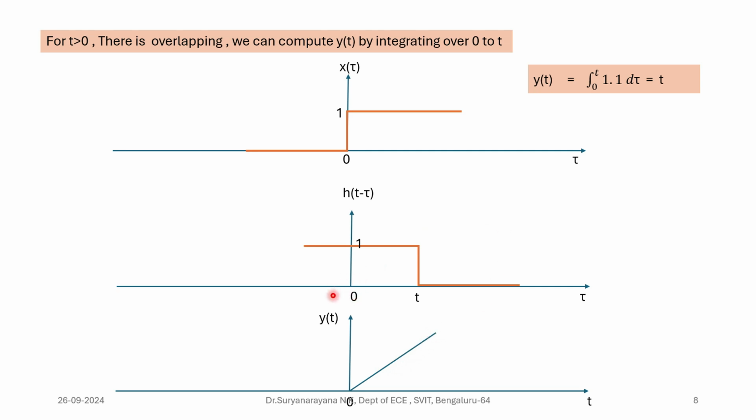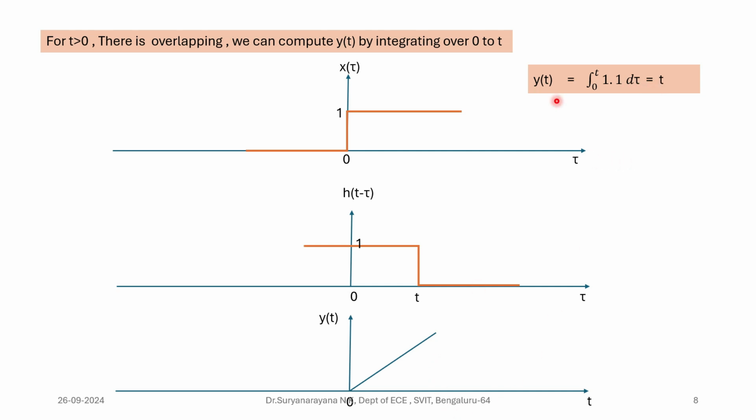From this figure, it is clear that from 0 to t on the tau axis, the two signals are overlapping. Therefore, we can write the integral from 0 to t of 1 into 1 d tau, that is equal to t.